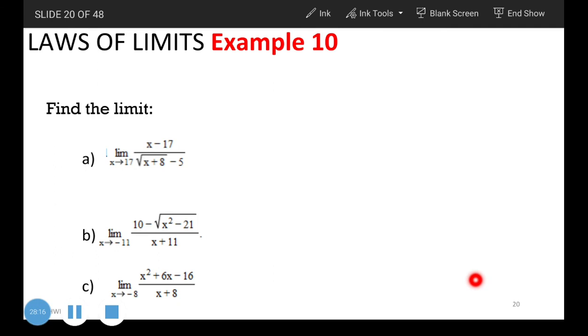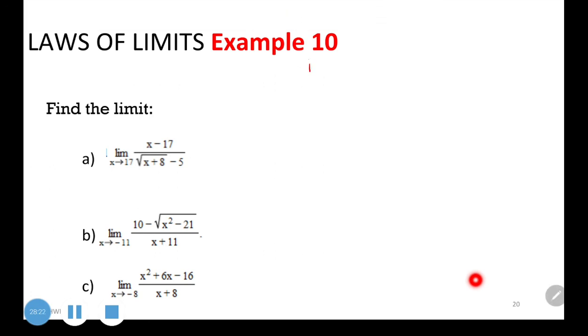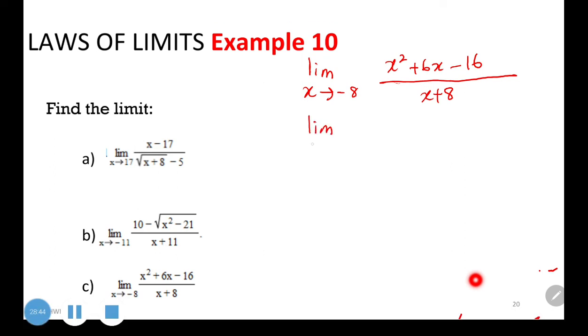So now let's look at example C. Okay, example C is pretty straightforward. x squared plus 6x minus 16 over x plus 8, and then we factor. What's the next step is we factor it.